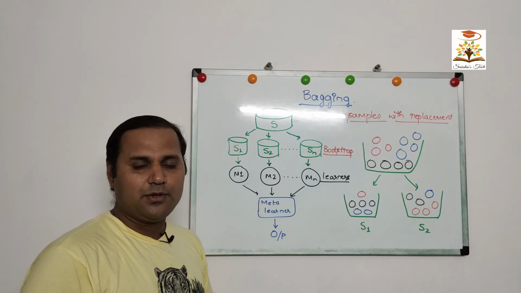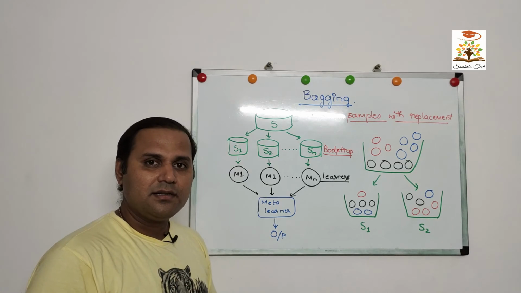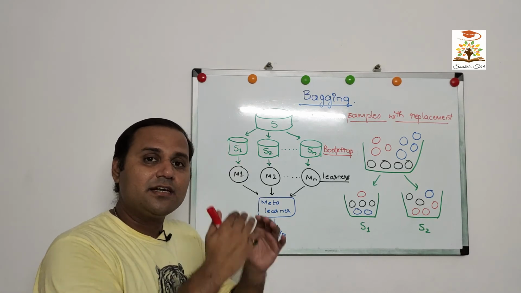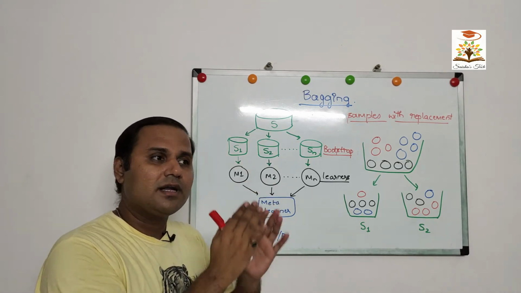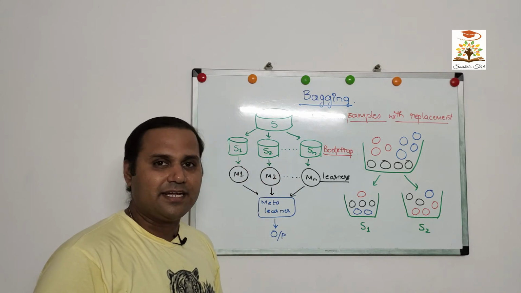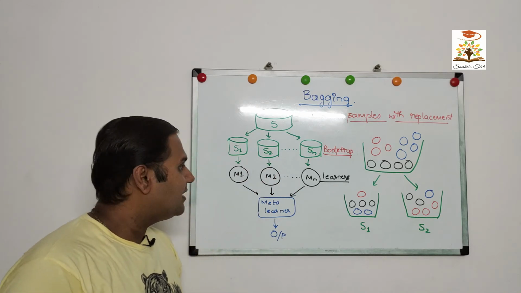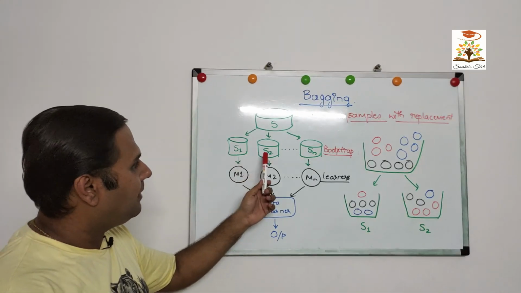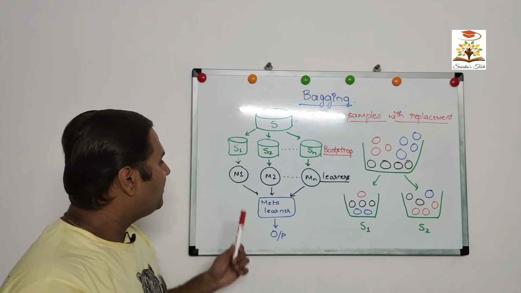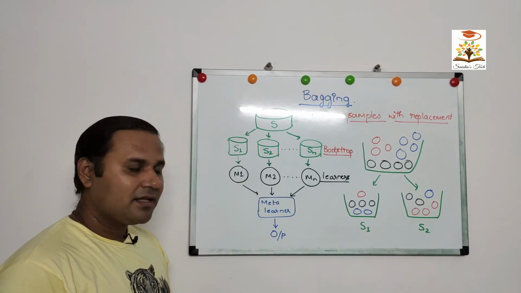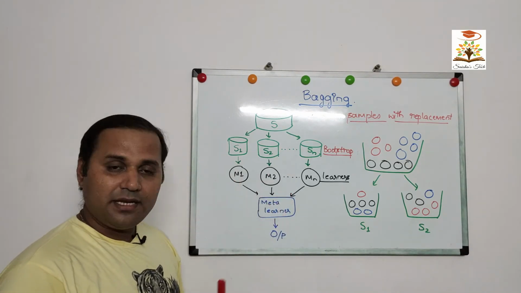Now, in our scenario, we can randomly pick either observations or the features of the data set. For each of these samples, we consider many base learners which are M1, M2 to Mn.